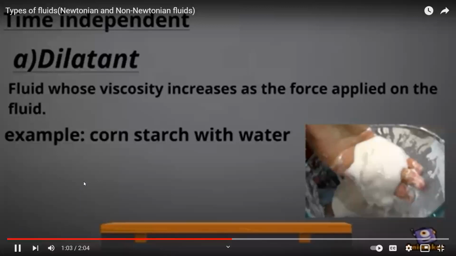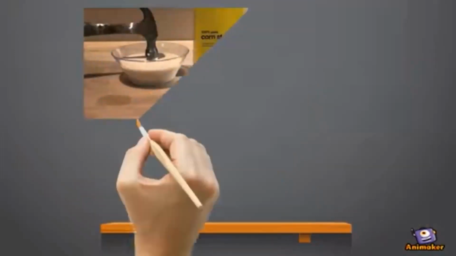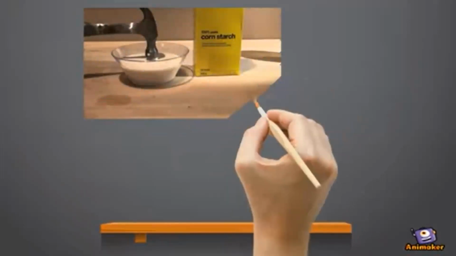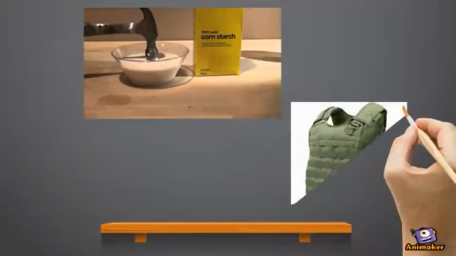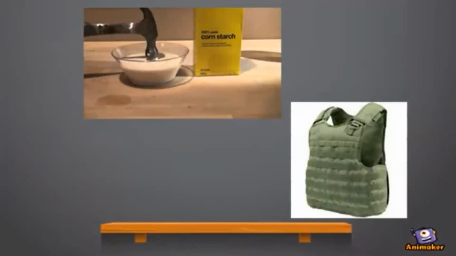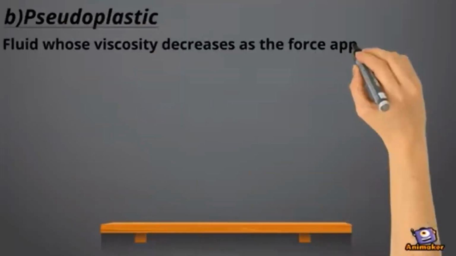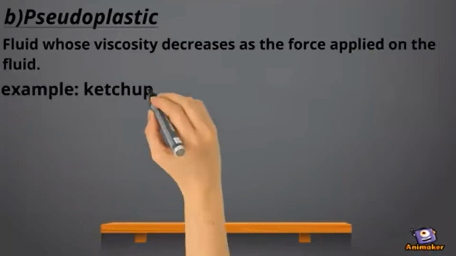Try to punch and observe what the result is. We can see that the object becomes solid. If left alone, it becomes liquid again. Its viscosity becomes high. There is also research going into making a bulletproof jacket with this process. Pseudoplastic: fluid viscosity decreases as the force applied on the fluid increases. An example is ketchup.